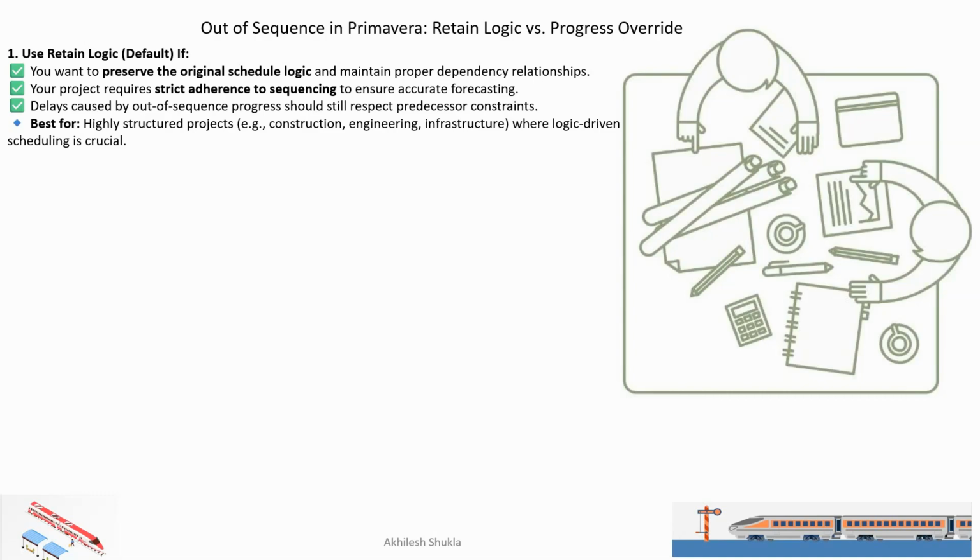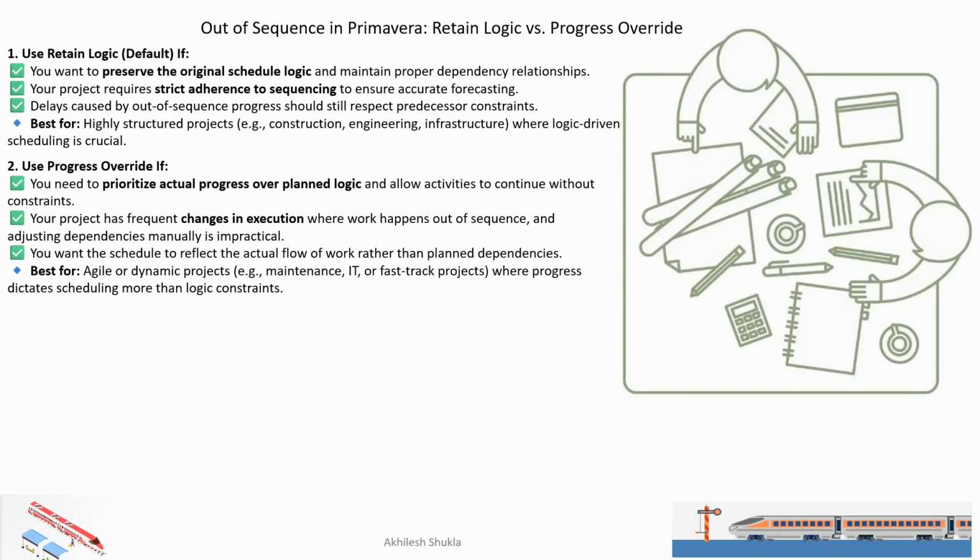Mainly we use retain logic for the extension of time because it will push the upcoming activity accordingly. So it is at the engineer's discretion whether he wants to remove those out of sequence activities or not. Second, use progress override if you need to prioritize the actual progress over the plan logic, allowing activity to continue without the constraint.